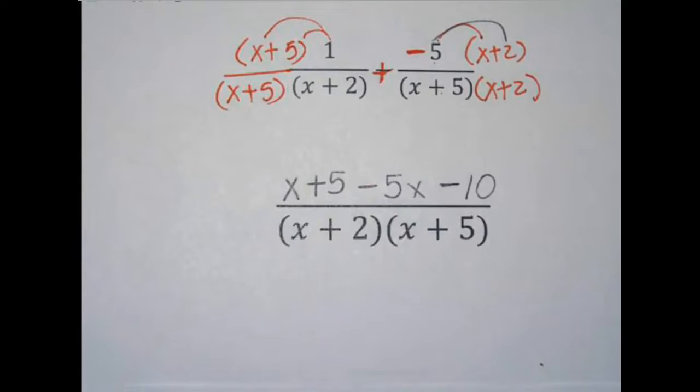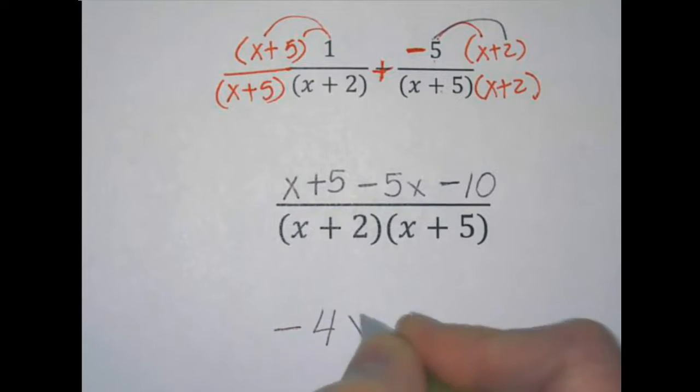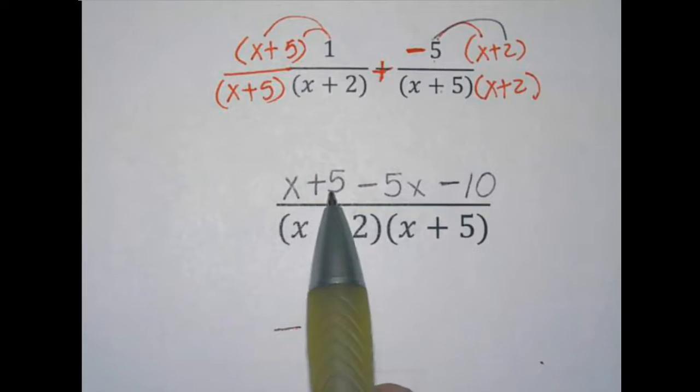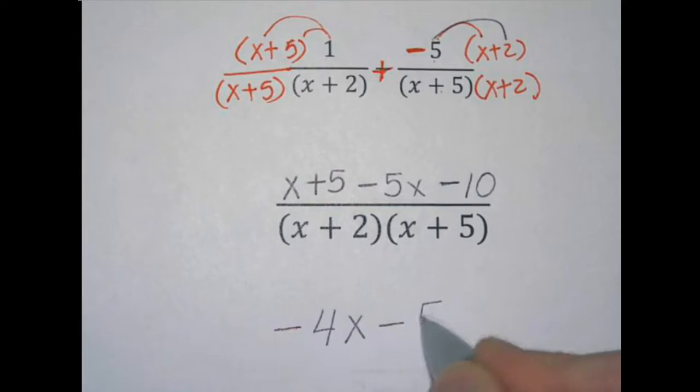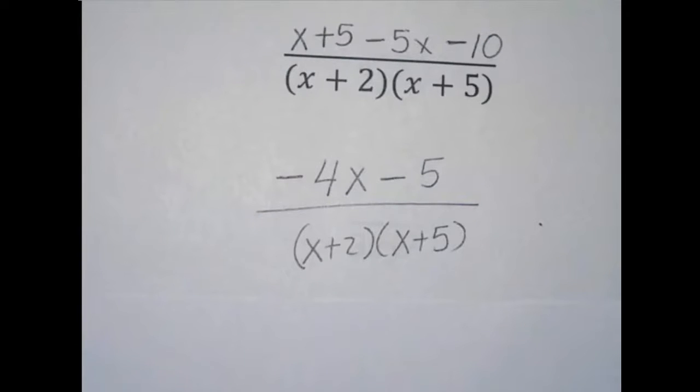Combine like terms, so when I combine the x and the negative 5x, I would have negative 4x, and add these two together, and I would have a negative 5. Nothing will simplify, nothing else will reduce.